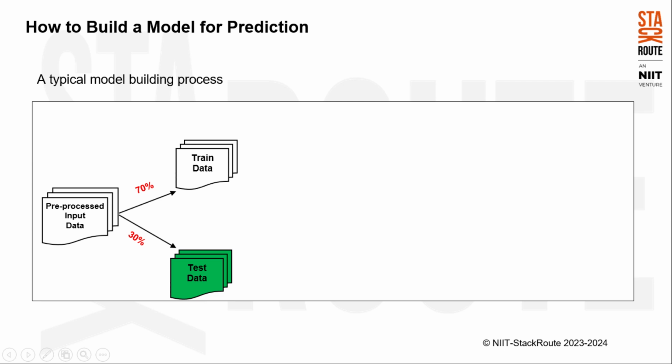But if I have less data, I can take 90% and 10% or 85-15, whatever may be the ratio. But 70-30 is pretty much the industry standard. Now, once I split my information into train and test, I'm going to take this 70% of the data and I'm going to build the model.